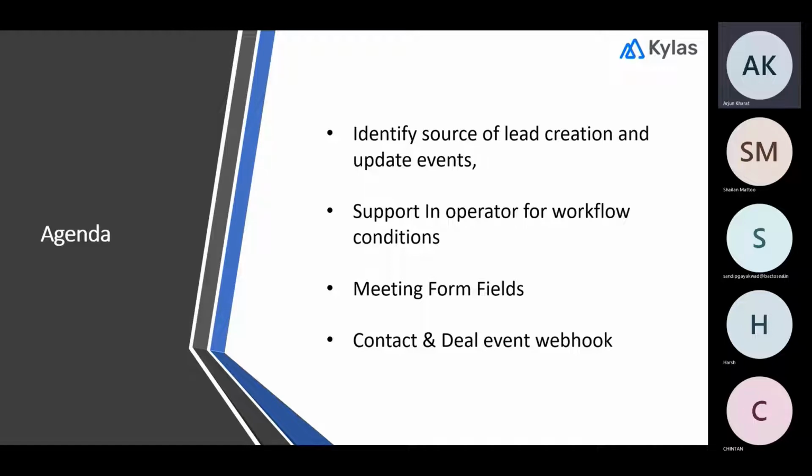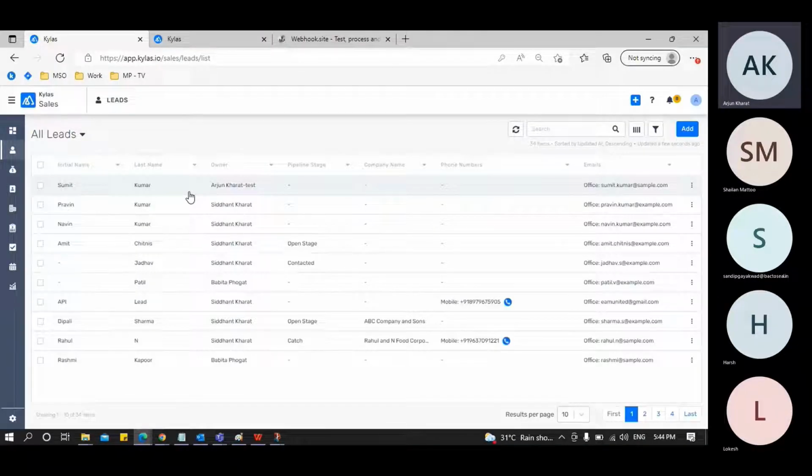Okay. So first, starting with the first topic, that is identify source of lead creation and update events. Let me share my screen and show you how exactly we will be seeing this. So I have just added a lead into the database. If we go to that particular lead, let me refresh my page.